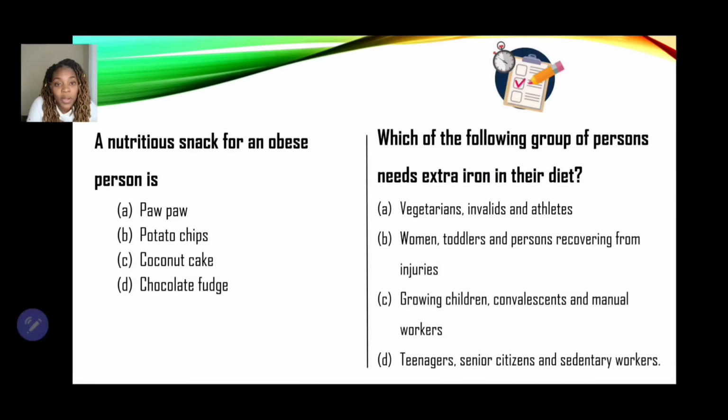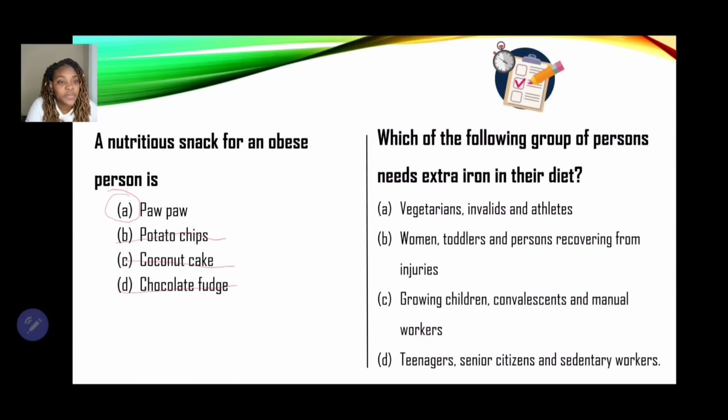So A, pawpaw. B, potato chips. Could it be potato chips? No, because this is high in starch and it may also be fried. Coconut cake, which is also sweet. Chocolate fudge, it's also sweet. So the ideal answer here is A, which is pawpaw. Good, which is a fruit there.